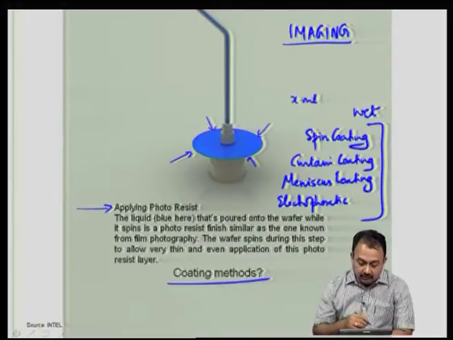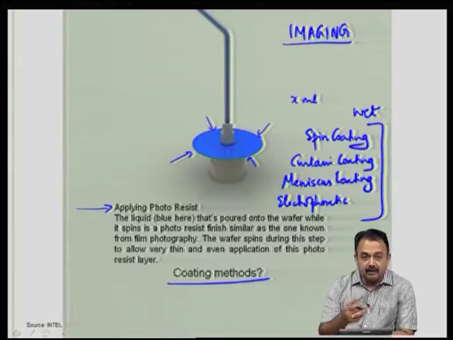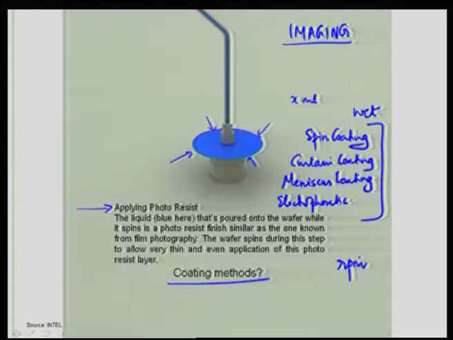Now, typically, as I said here, when a material is poured onto the wafer and it is spun around at a specific RPM, it depends on the viscosity of the material that you are using. Accordingly, you will get a very thin and uniform application of the photoresist material on the surface.